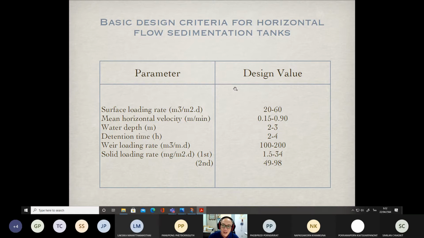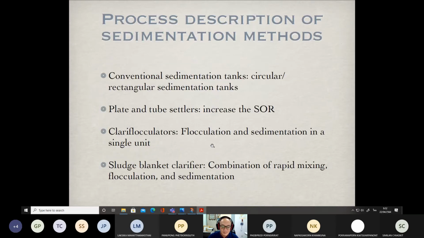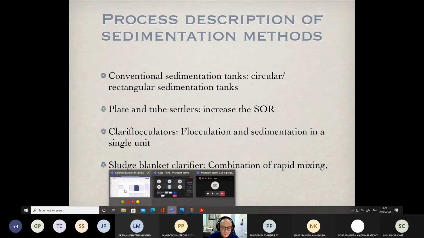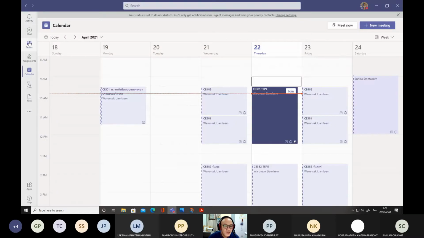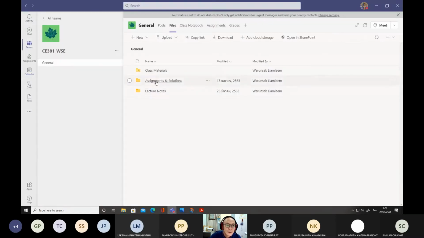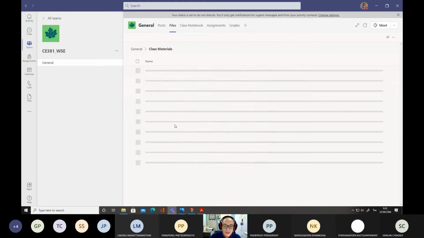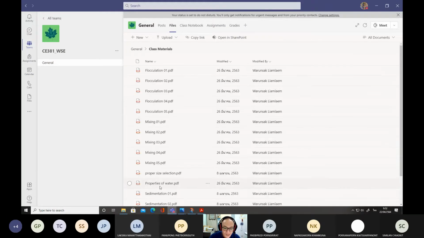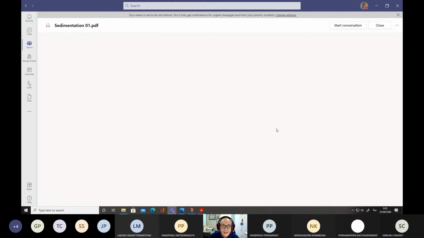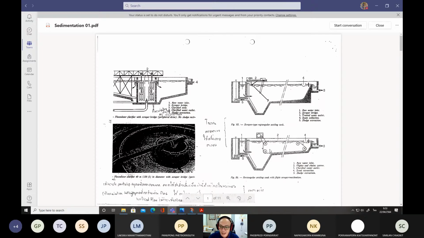So what does it really mean by horizontal flow sedimentation tanks? If you still remember the figures I showed you, the horizontal flow sedimentation tank. This is the one.